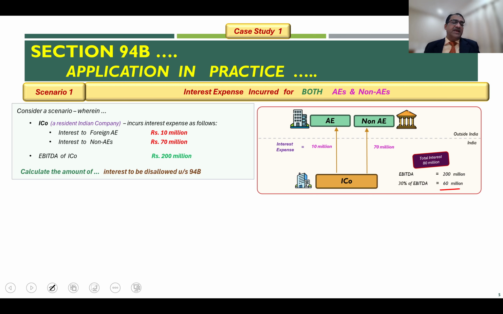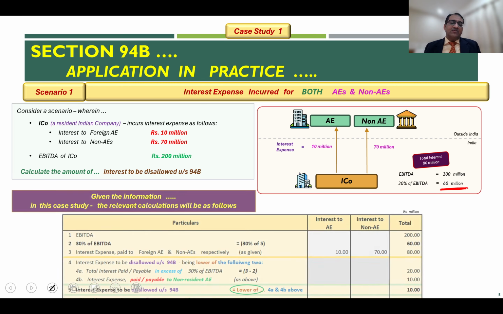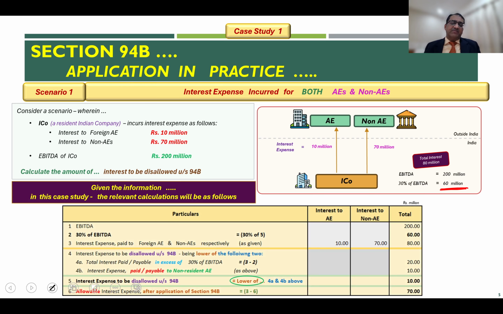So 60 million is the threshold under Section 94B. Let us see how the calculation will work and how you determine what is allowable and what is not. So we have the EBITDA of 200 million, then 30% of this amount is 60 million.